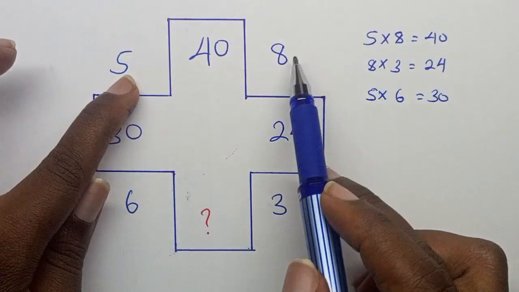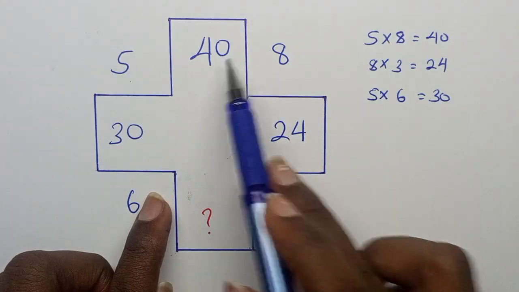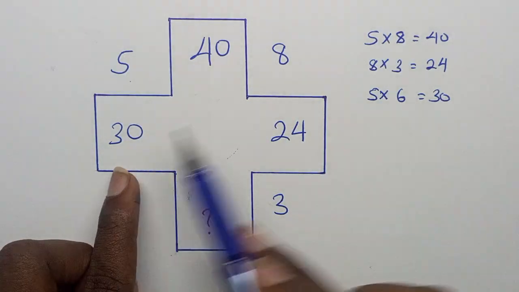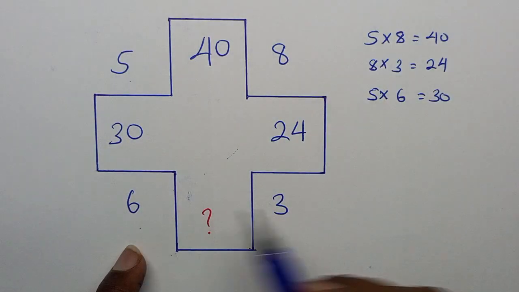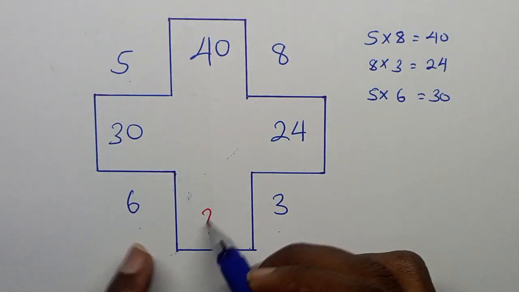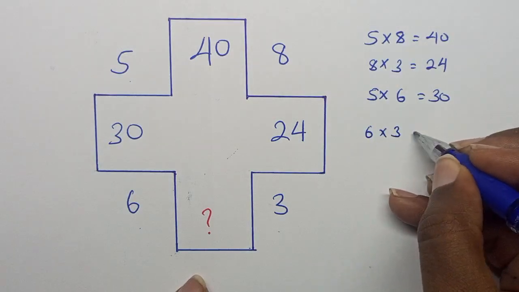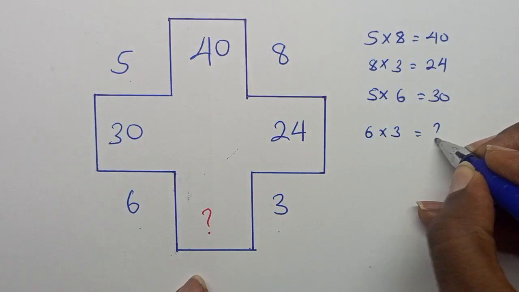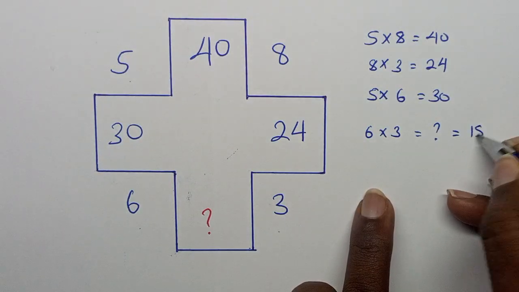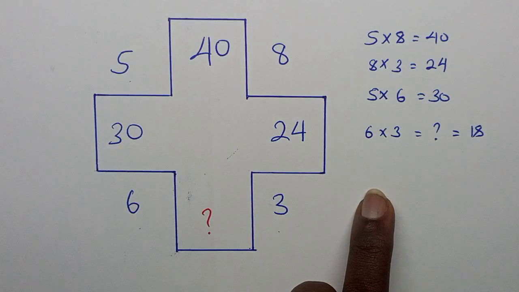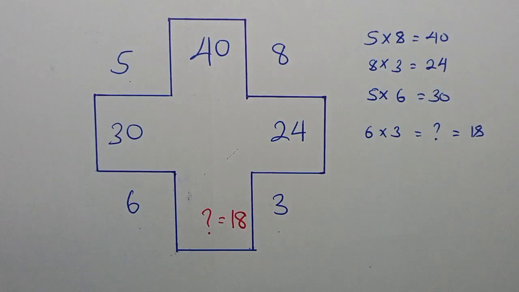So you multiply the outside values to get the inside value. So this times this is 40, this times this is 30, 8 times 3 is 24. That means if you multiply this value times this value, we should be able to get this value. So 6 times 3 is 18. And therefore, this value is 18.